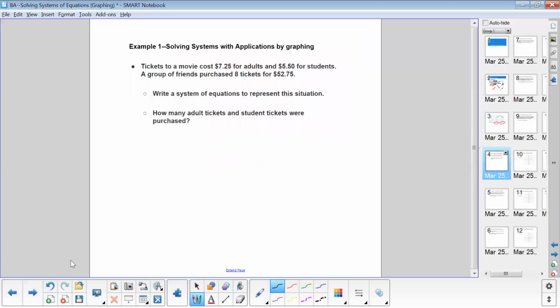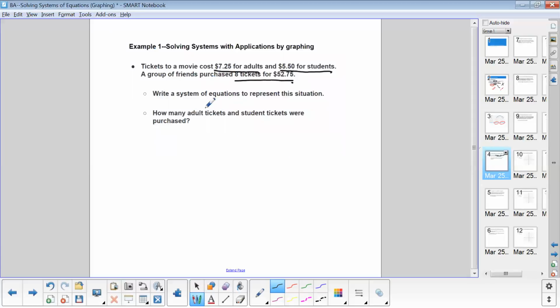So let's look at an example of context. You got tickets to a movie, and they cost $7.25 for an adult and $5.50 for students. A group of friends purchased 8 tickets for $52.75.